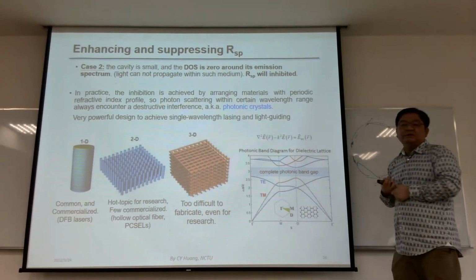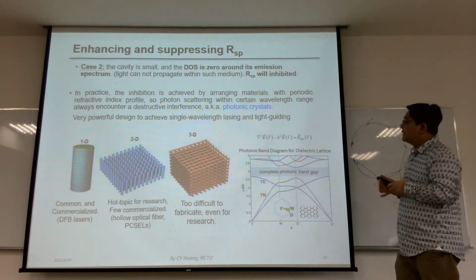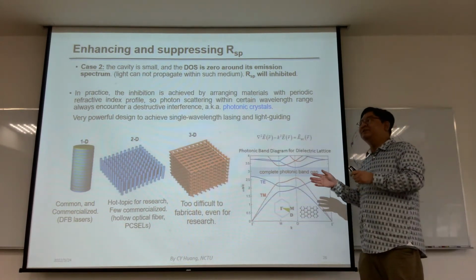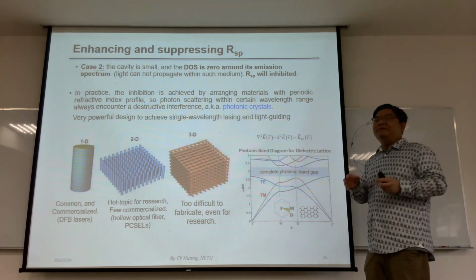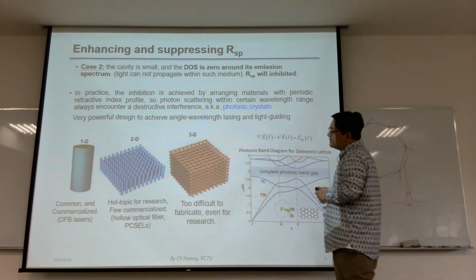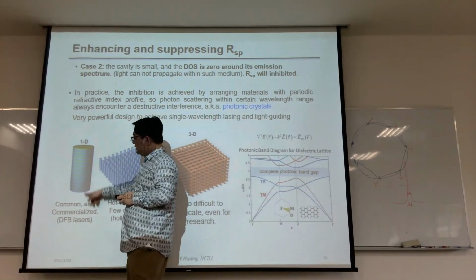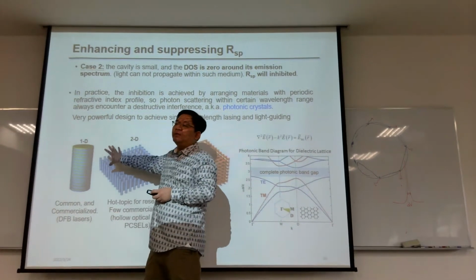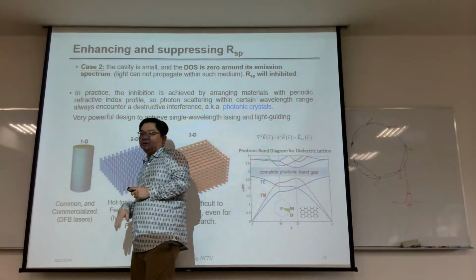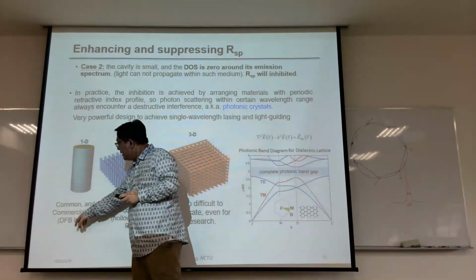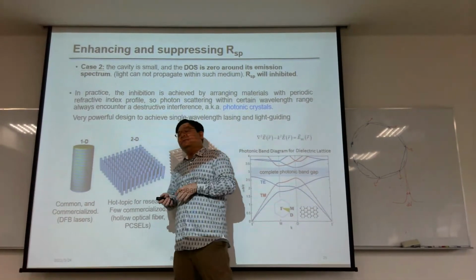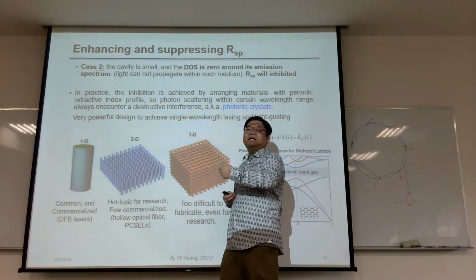It will have so many potential applications. The earliest photonic crystal already appeared in the market. It's called the DFB laser, distributed feedback laser. That makes your quantum well non-continuous.